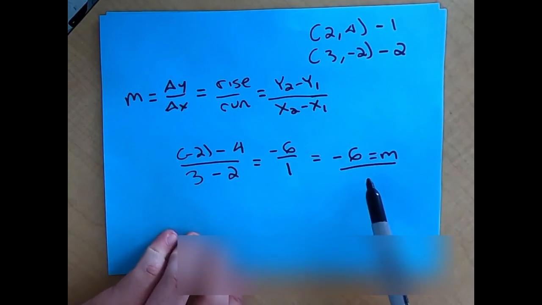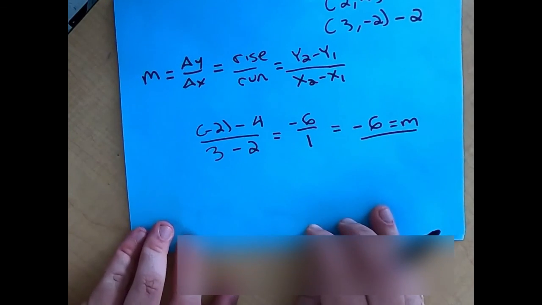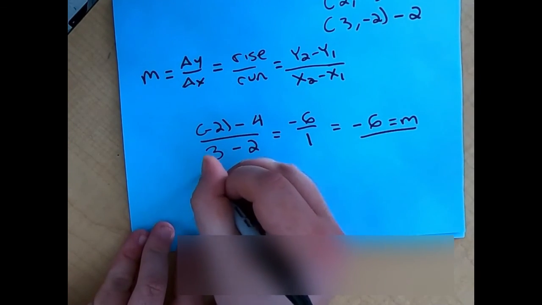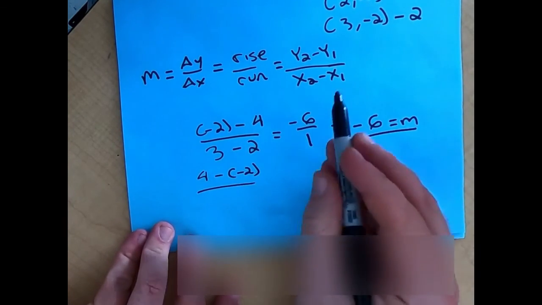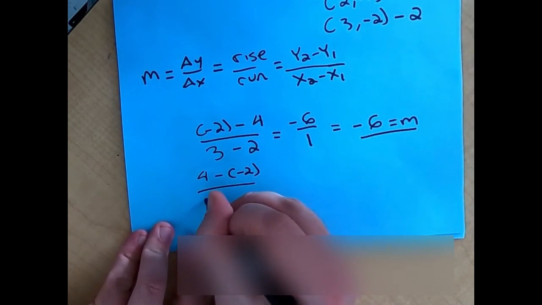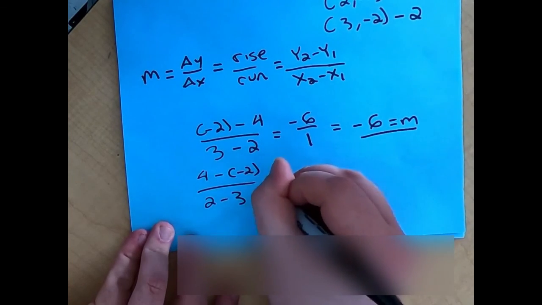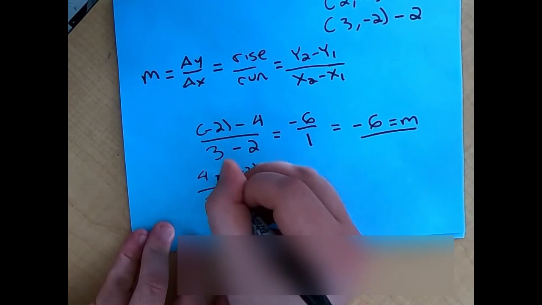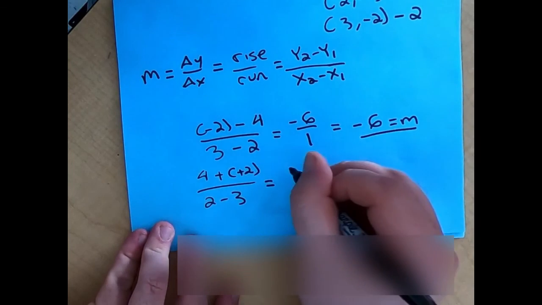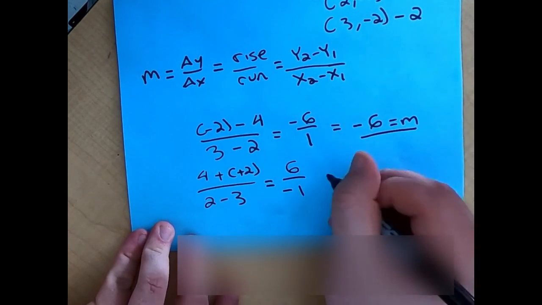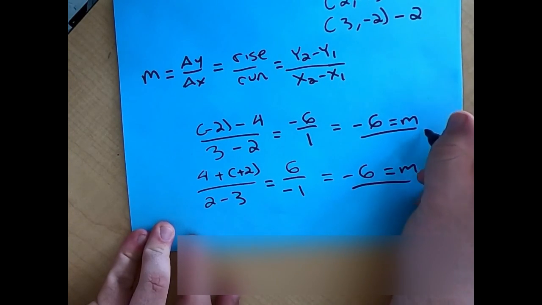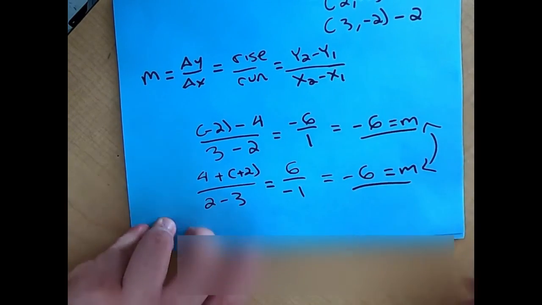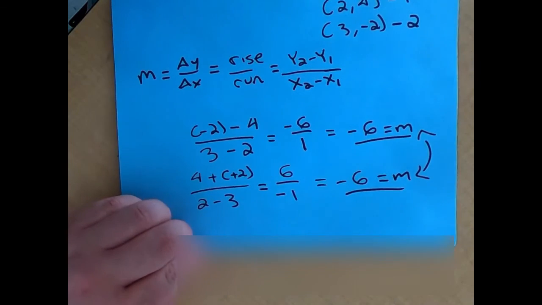Either way, I would have got negative 6. We can confirm that real quick. Negative 2 over 2 minus 3. This is plus 2, so we get 6 over negative 1. Reduces to negative 6. They match. It does not matter which point I use as long as they're consistent.